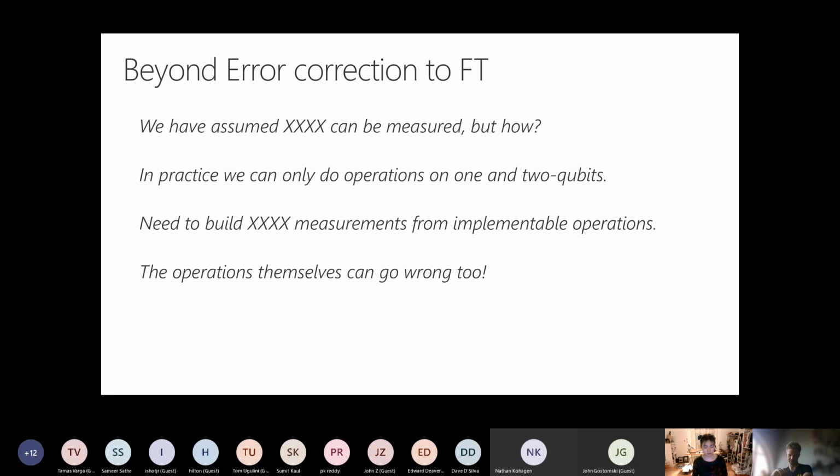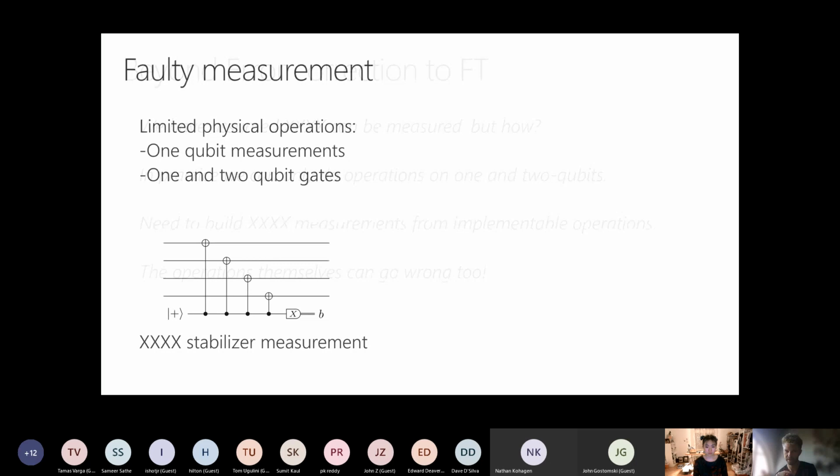Well, the fact is that we need to build these from some basic operations that are actually possible in the physical systems. And those basic operations can go wrong too. So maybe we actually introduce errors when we're trying to find and fix them. So, as a rough idea, this is a circuit built of smaller pieces, which allows you to measure the X-type parity.